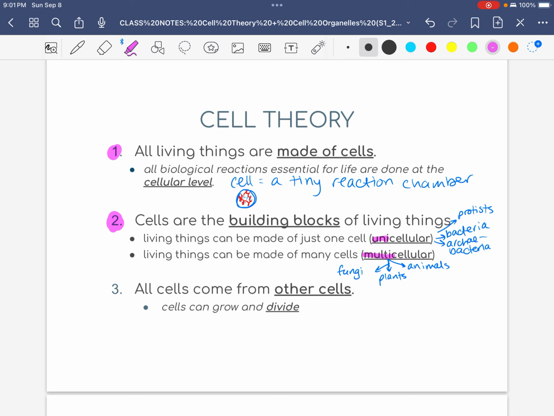And then the last thing, number 3 here, is all cells come from other cells. So cells can grow and divide. And we talked about 2 ways that they can grow and divide. Well, they can grow and divide if they are bacteria.